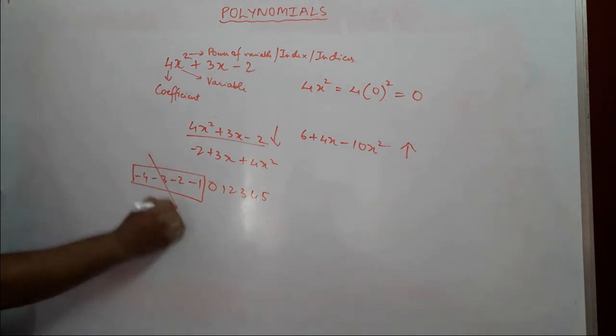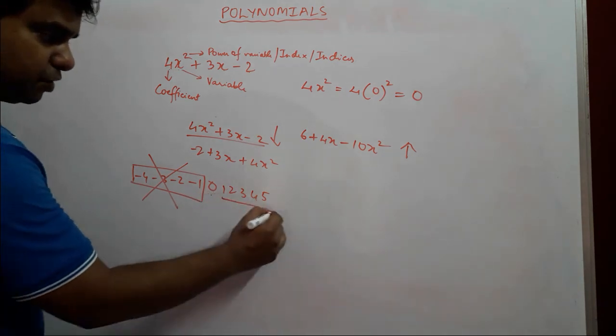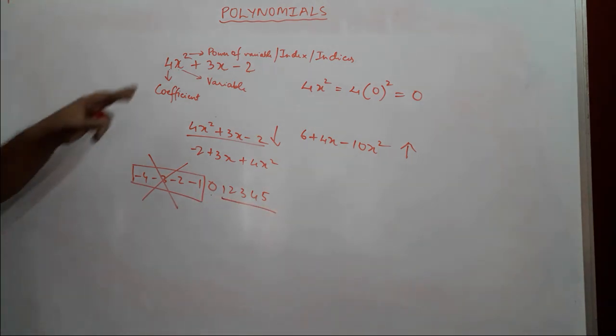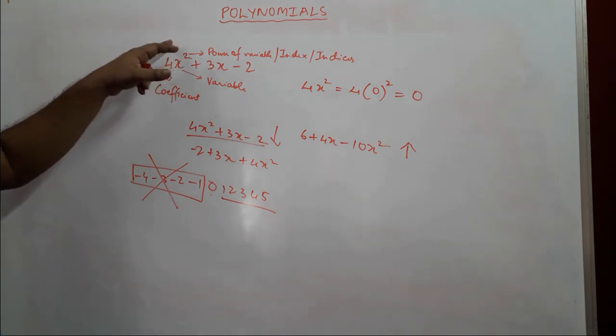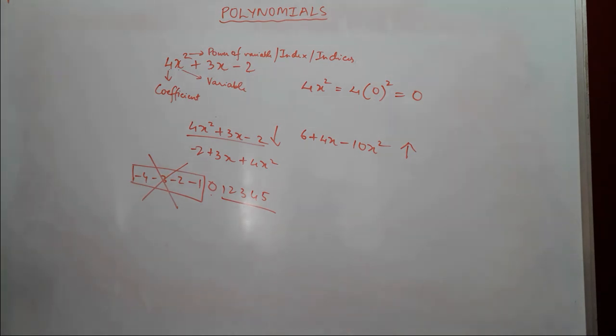So we do not want the negative part. It can be 0, or it can be any of the positive integers, but it should not be raised to minus 2, minus 1 and so forth. This is the rule of the polynomial. So we have covered all the aspects of polynomials in the introductory part, which should be the basis that helps you solve problems as we go to the next few videos.